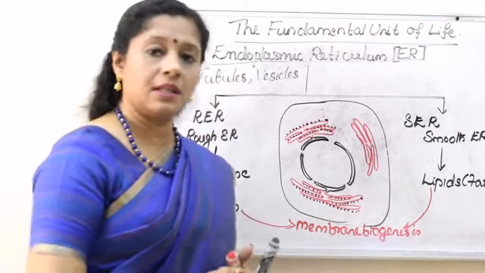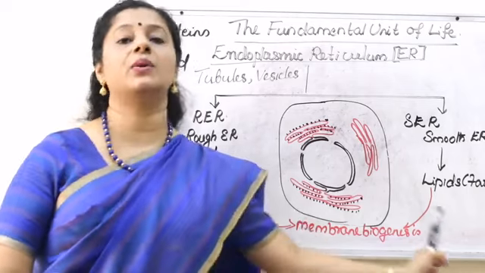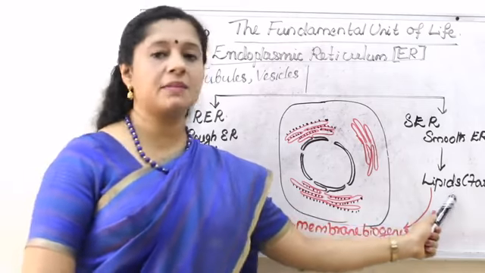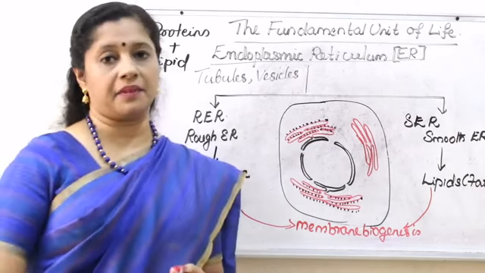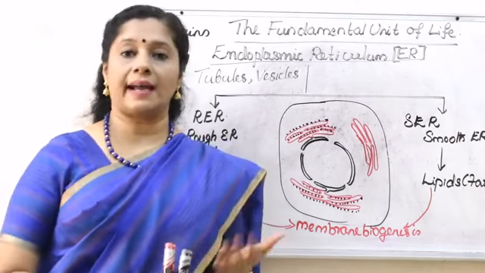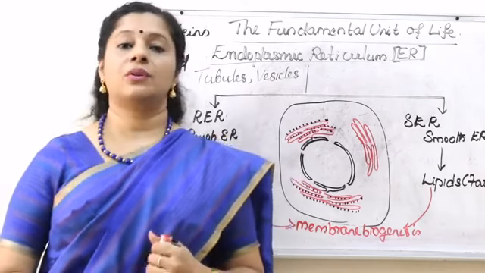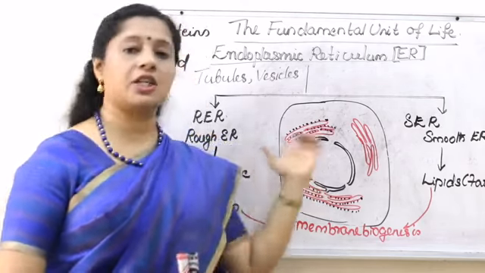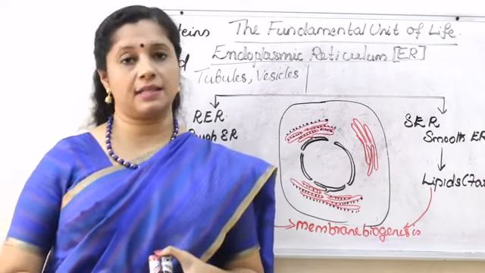Genesis means what? Synthesis. Synthesis of biological membrane, that is membrane biogenesis, using the lipids produced by SER and proteins produced by RER. Some proteins and lipids also act as hormones or enzymes required for the cell. So though they differ in their shapes and structure, they always form a reticulate or network within the cell.